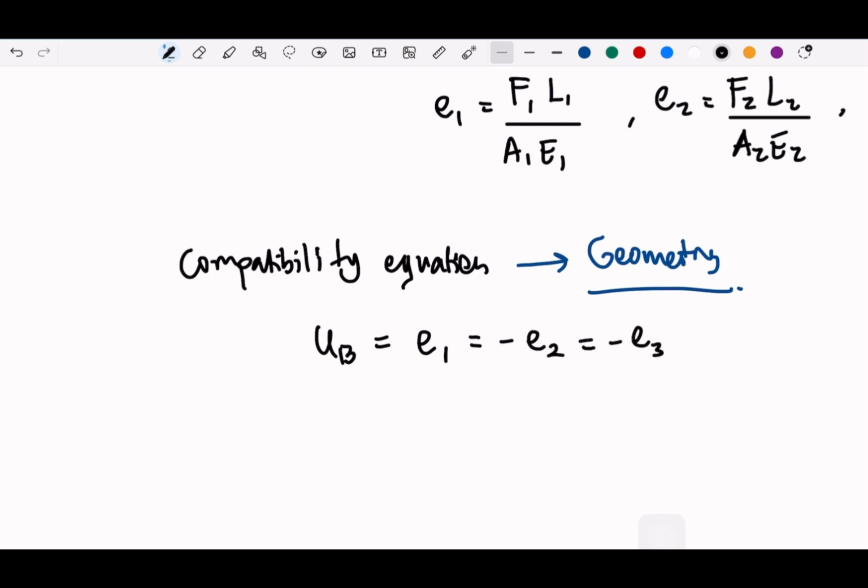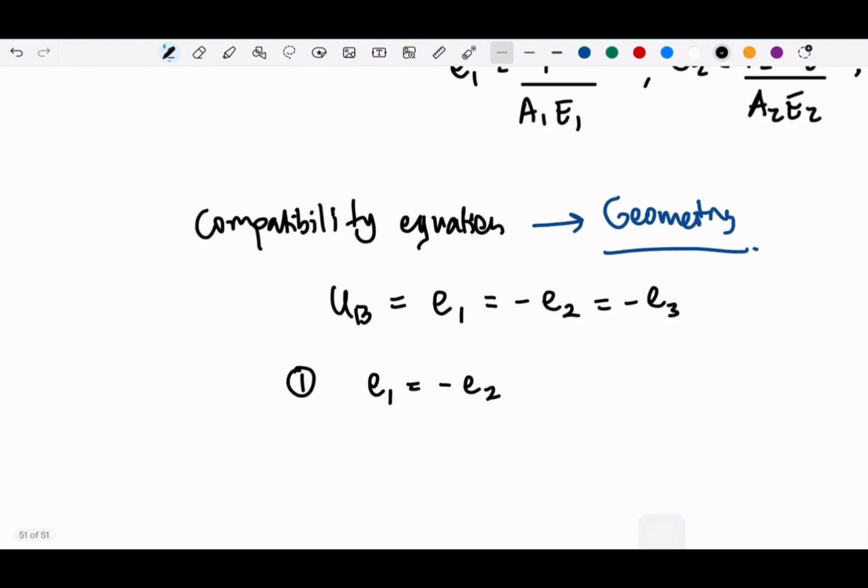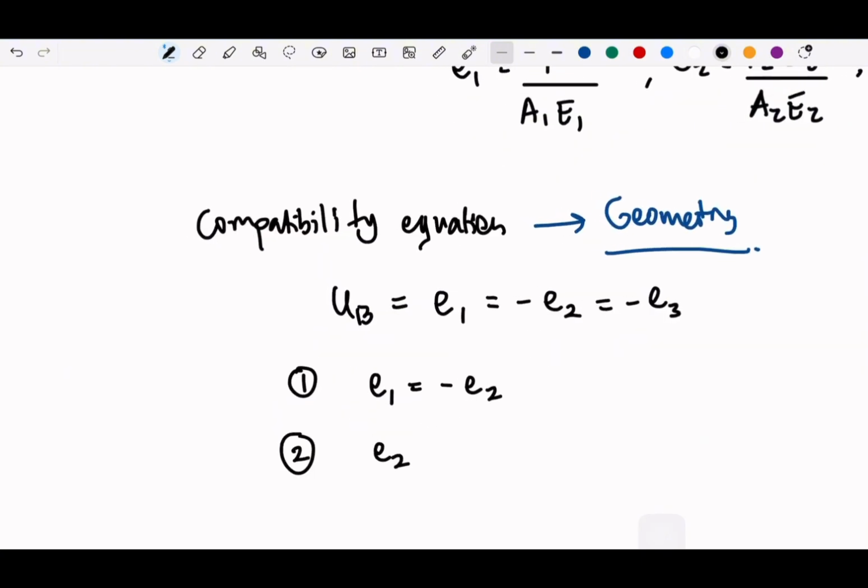Okay, so we have, first, E1 is equal to negative E2, and the second equation is E2 equals E3. So we have two compatibility equations that we need to solve to make all the equations satisfied. Okay.